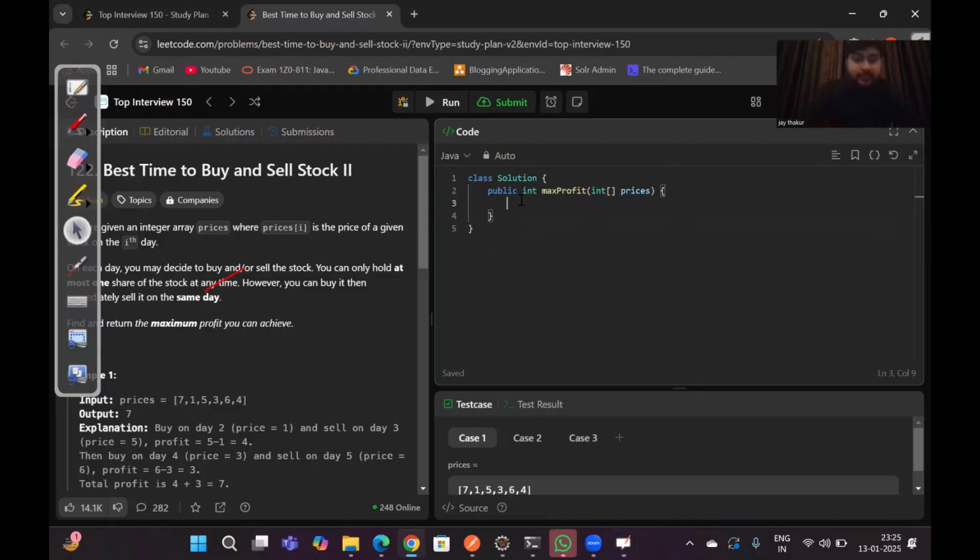Let's try to code this. First, we will take three variables: selling date, buying date, and profit. After that, we will start looping from the first index and go till the end.